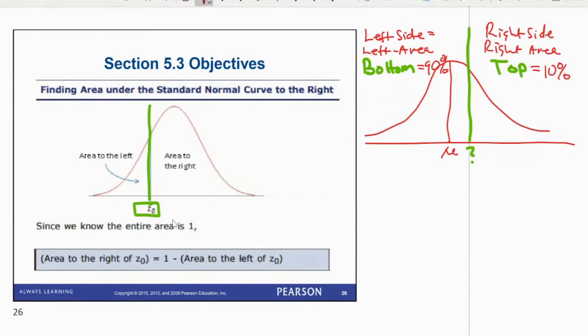Okay. So the right area can be identified as the top something percent. The left area can be identified as the bottom something percent. Now, another word that we can use for the left area is percentile.